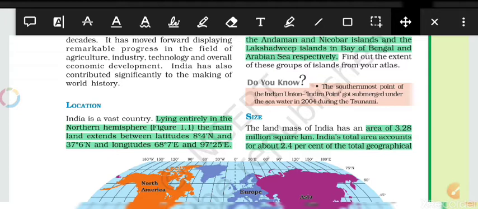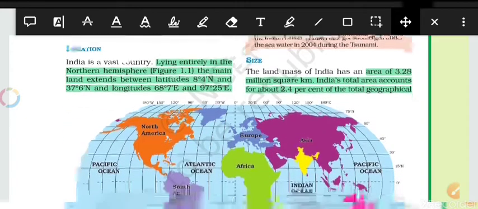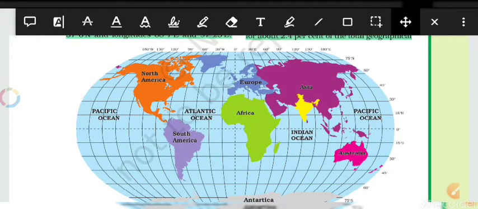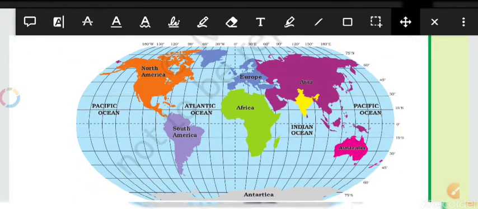The mainland extends between latitude 8 degree 4 minute north and 37 degree 6 minute north, and longitude 68 degree 7 minute east and 97 degree 25 minute east. What does it mean? We have understood in class 6 or 7 what latitude and longitude are. Let's go deeper.